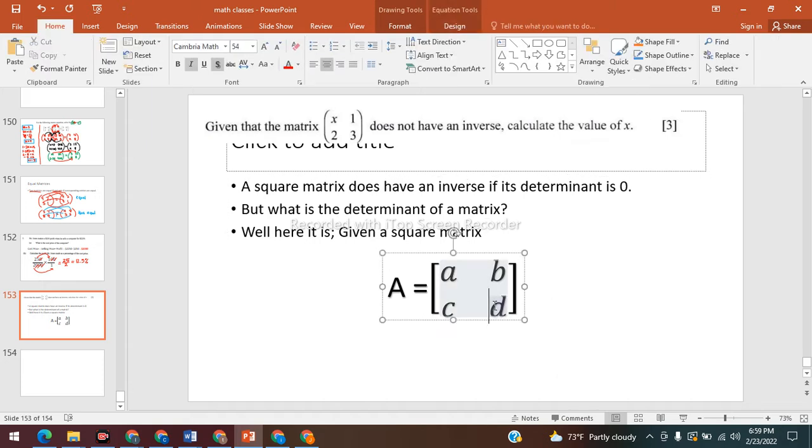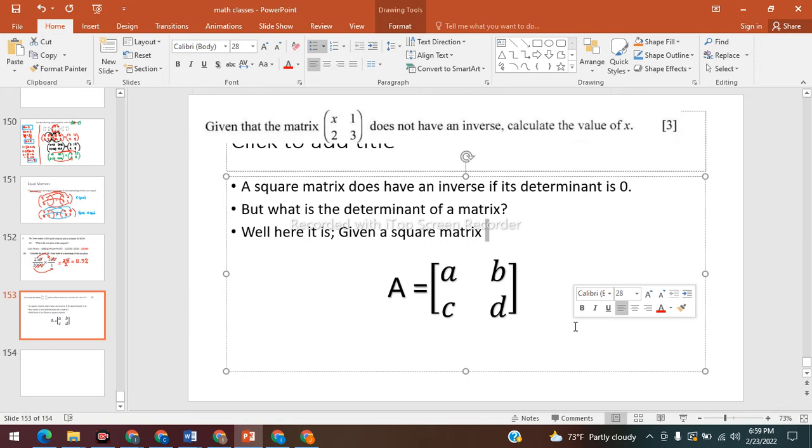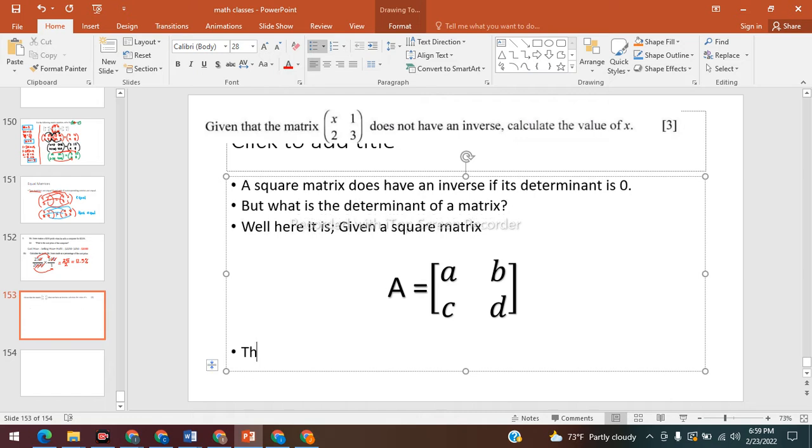So given this matrix, this is a square matrix A, B, C, and D, the determinant of matrix A, how do we denote the determinant of A?